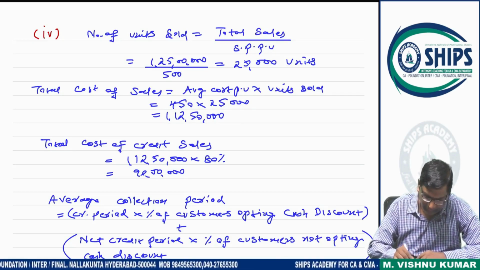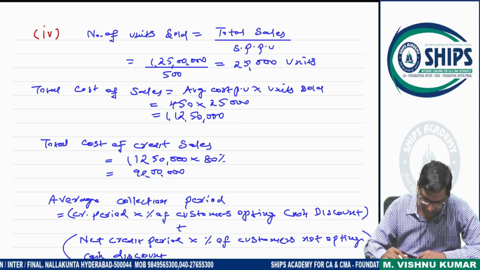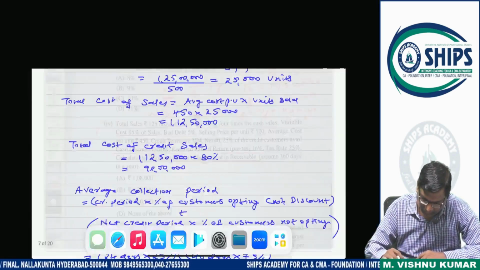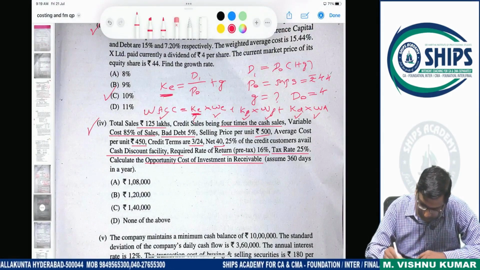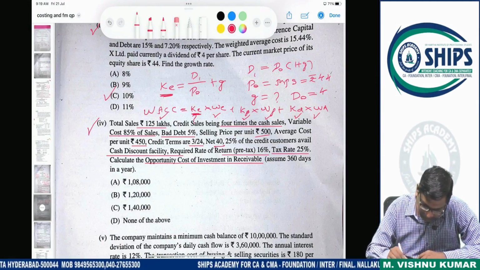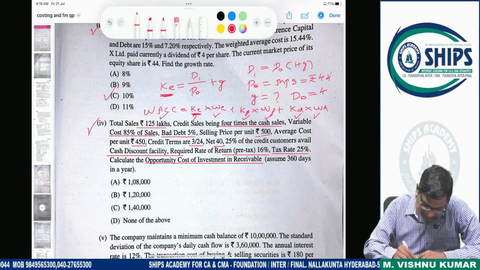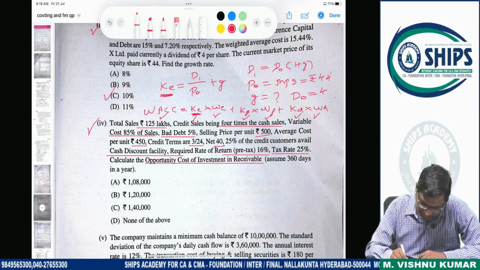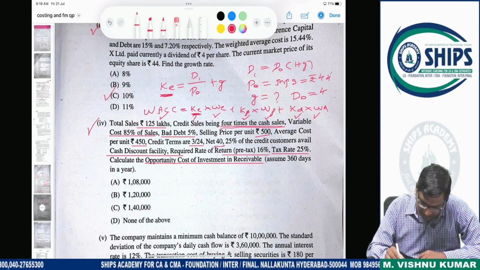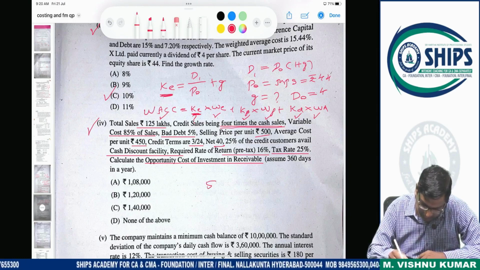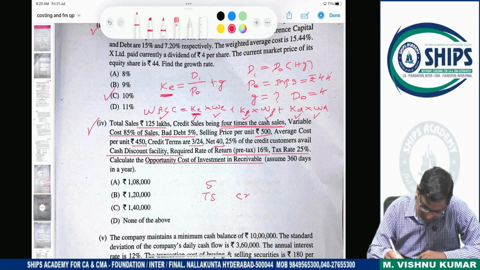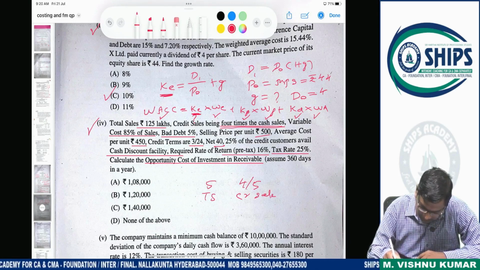Now the total cost of credit sale. See, 4 times cash sale is given. It means if your total sale is 5, credit sale will be 4 by 5, so this is 80%.